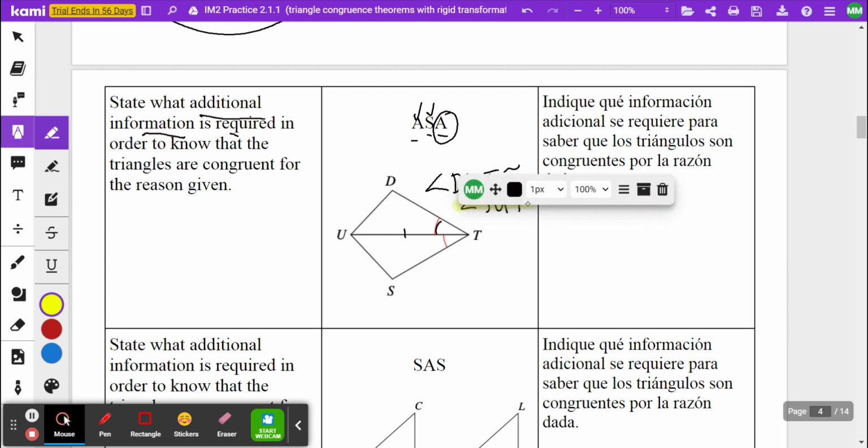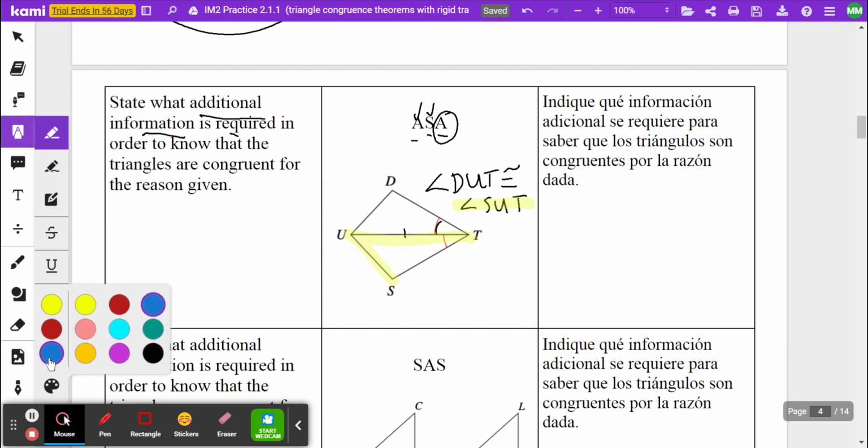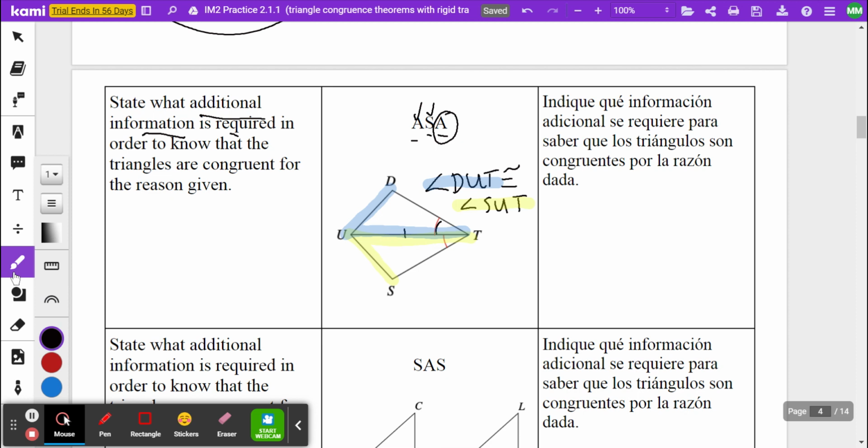So let's just quickly review. Angle SUT is this angle right here. And angle DUT is this angle right here. And we would need those to be congruent in order to know the triangles are congruent.